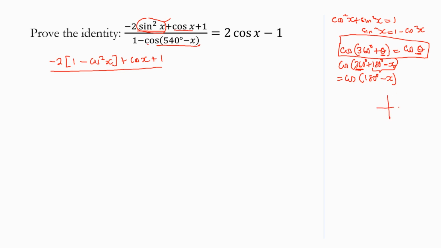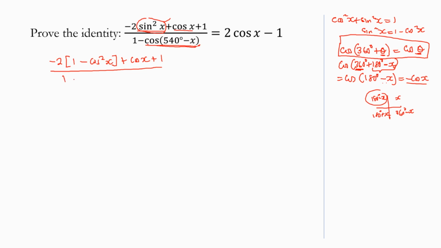This is in the second quadrant: 180 minus x, 180 plus x, 360 degrees minus x. In the second quadrant, the cosine of the angle is negative. So this is equal to negative cos x. It reduces to negative cos x.